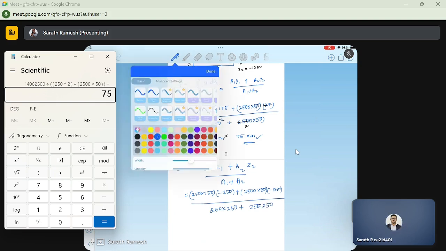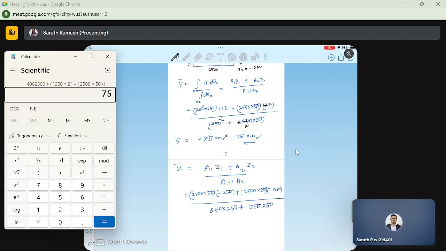So this will reduce to 1250, and here it will become 10. Now here also it will become 10.